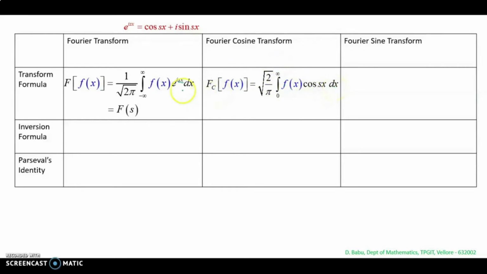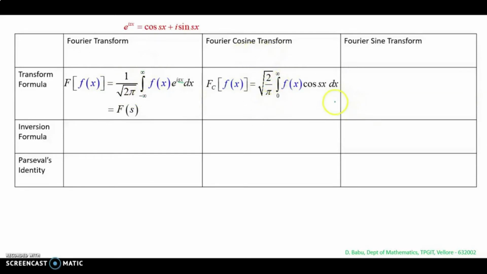Okay. So here e power isx, here cos sx. Here the coefficient is 1 by square root of 2 pi, here the coefficient is square root of 2 by pi. Here the limit is minus infinity to plus infinity, here the limit is 0 to infinity. So this is called Fourier cosine transform formula.